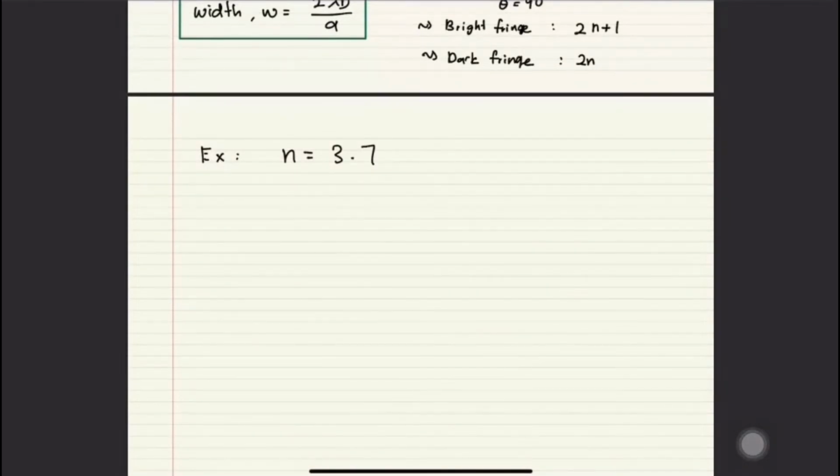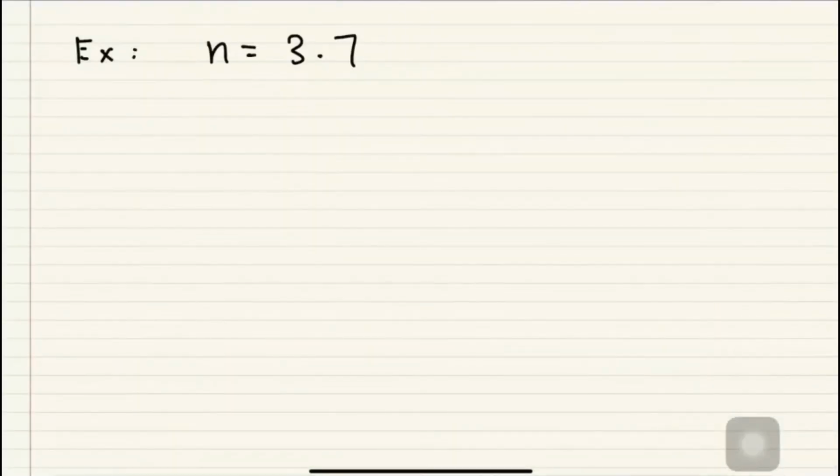Macam banyak sangat saya nak bikin lagi, kita tukar pada 2.7. Okay, the first thing that you have to do is that you have to round it off. Bila kamu round it off, it doesn't mean that you have to bundar ke nombor yang terdekat. Instead, you have to round it off to a smaller number. A smaller number here would be 2.